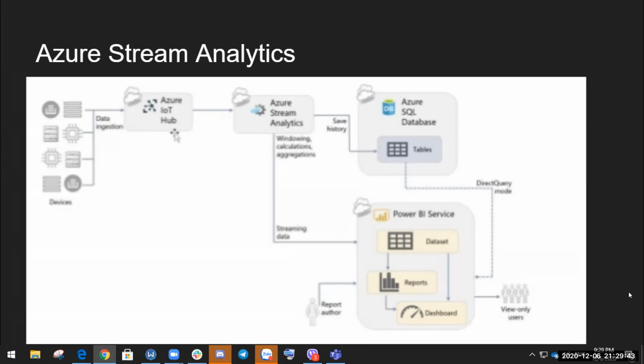So with Stream Analytics, you can identify patterns and relationships from multiple different sources, such as devices, clickstreams, social media feeds, or applications. I'll tell you some of the scenarios where you can use Stream Analytics.